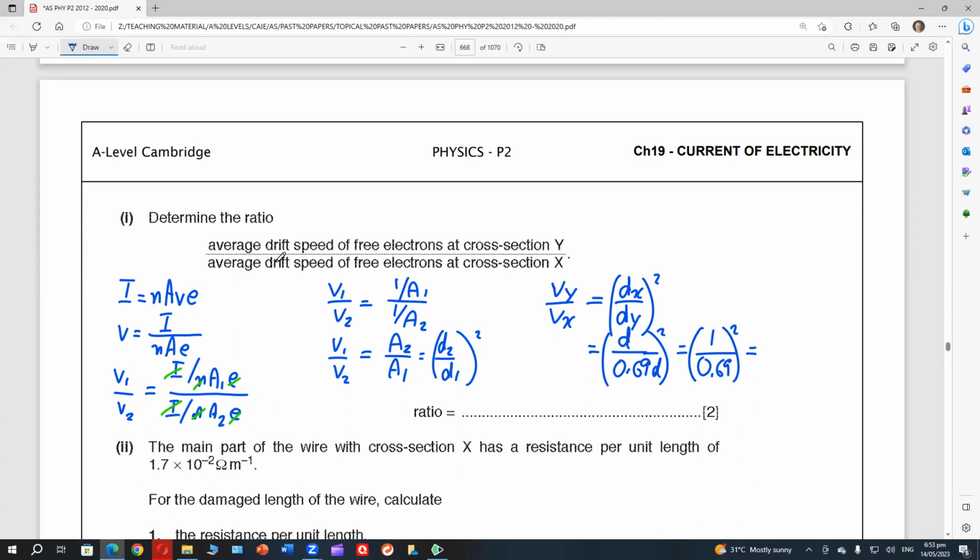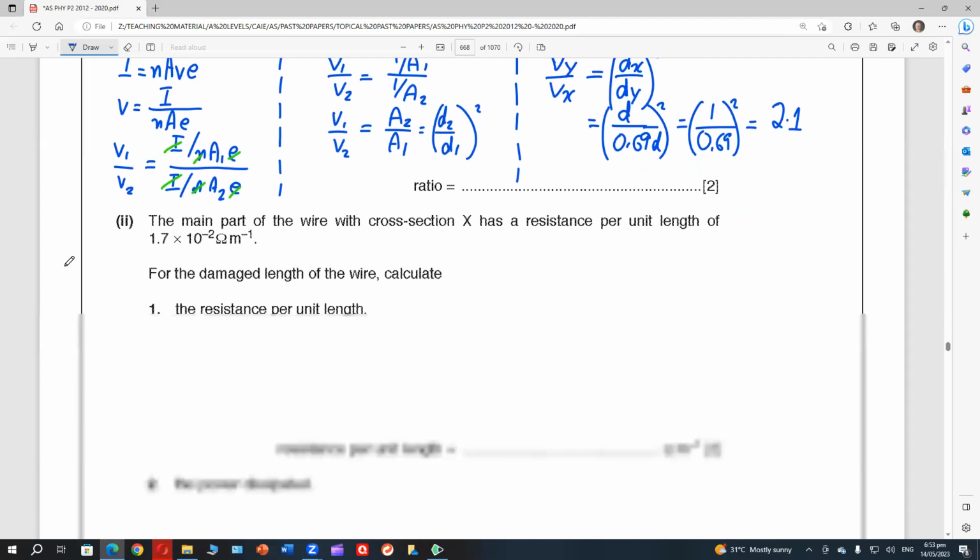Now, this is the ratio step. It is coming as 2.1. The main part of the wire with cross section X has a resistivity per unit length of this much.